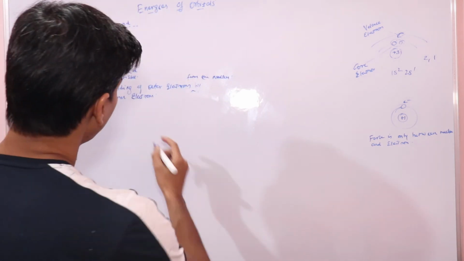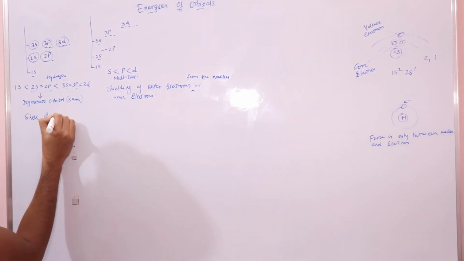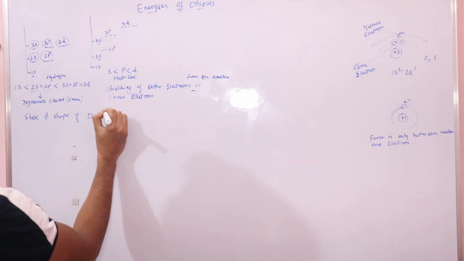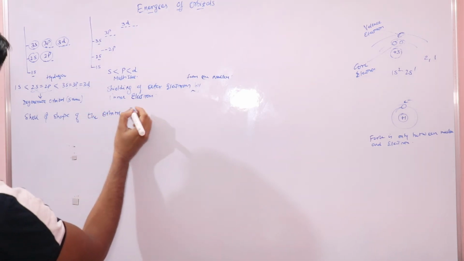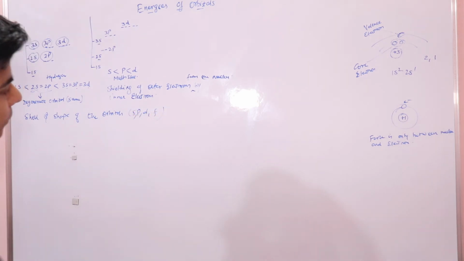So these interactions depend on the shell and shape of the orbitals, whether it is s, p, d, f.